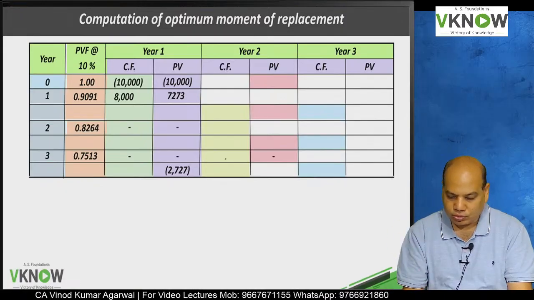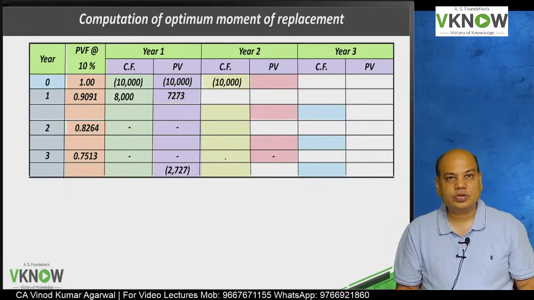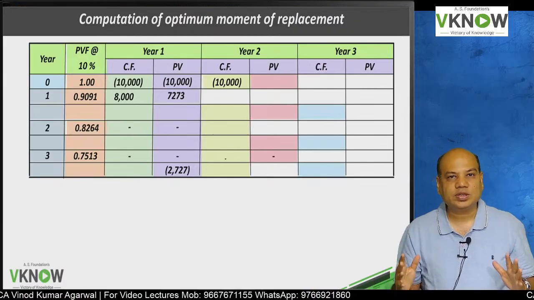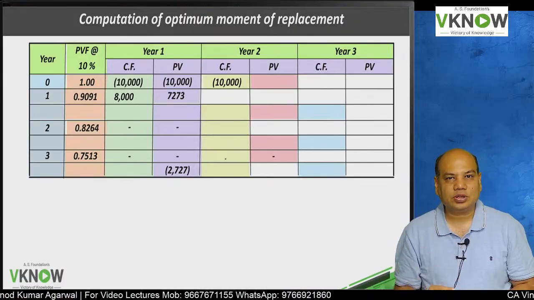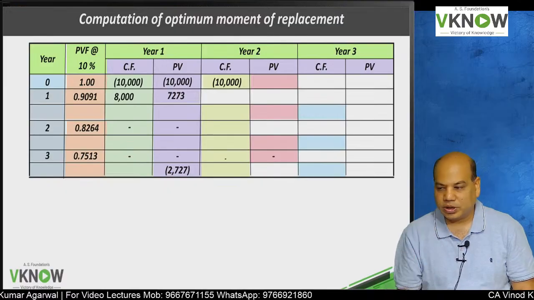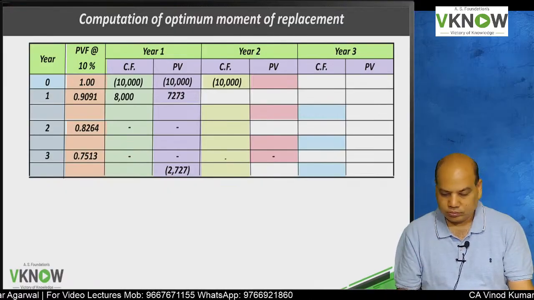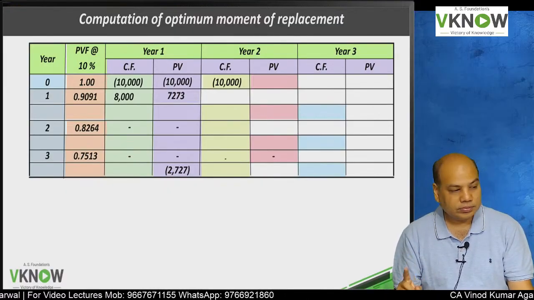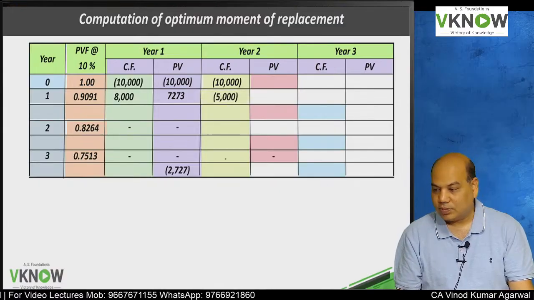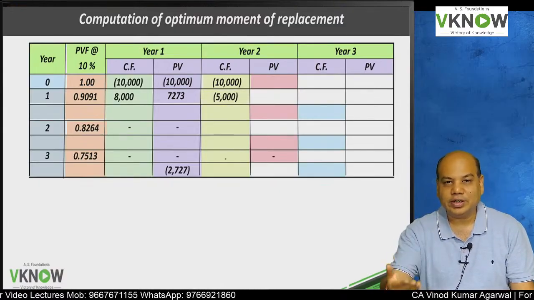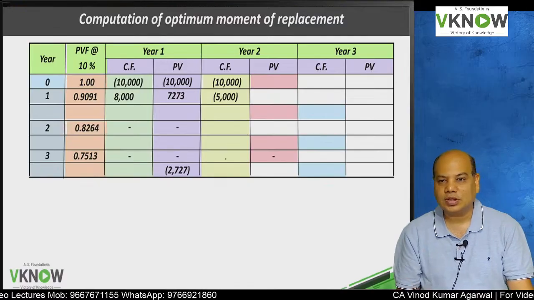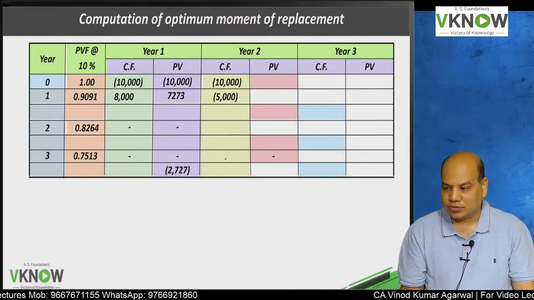Okay, come to year 2. Now suppose you want to purchase a moped and replace after 2 years. So first you will buy the moped 10,000. In year 1 you will incur repair cost because you want to retain it. You want to use it for the next year. So you will retain it 5,000.